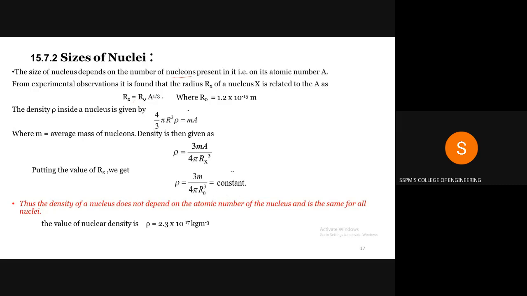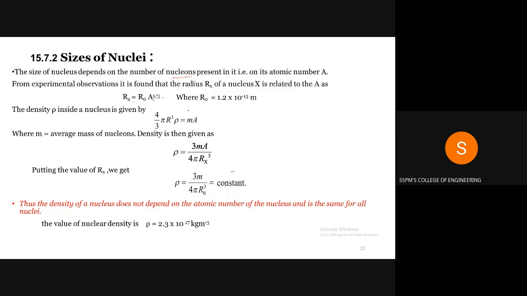What is A? A is the mass number. Here R0 equals 1.2 × 10^-15 meter.